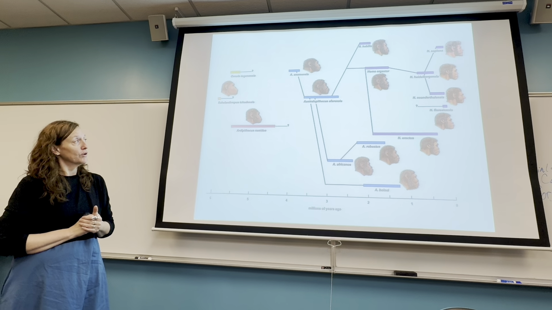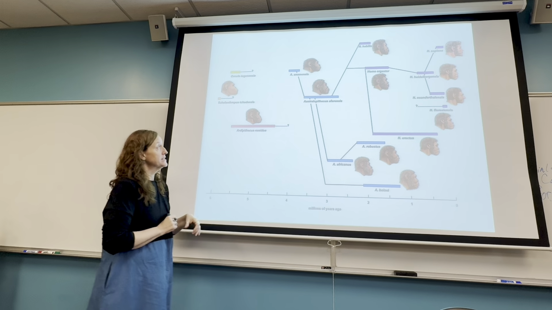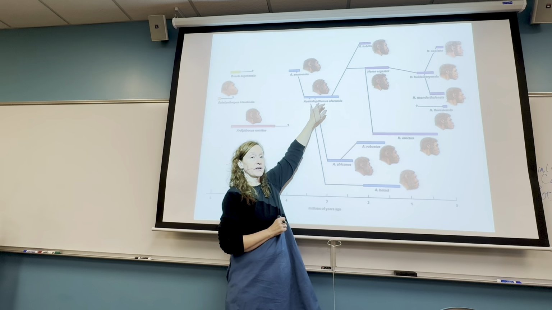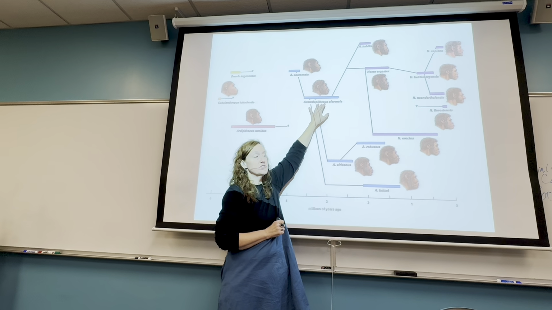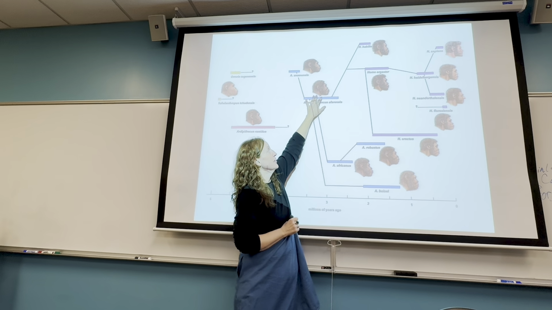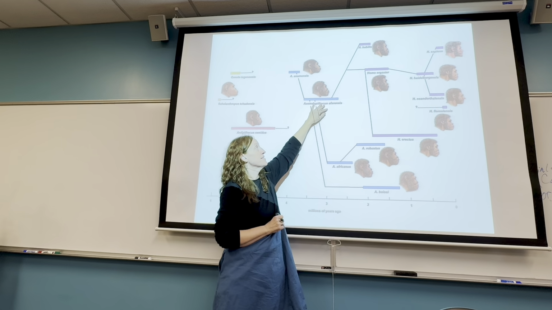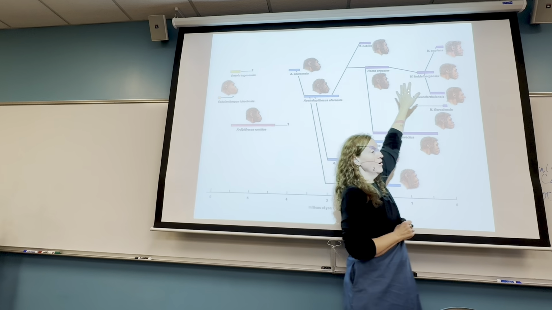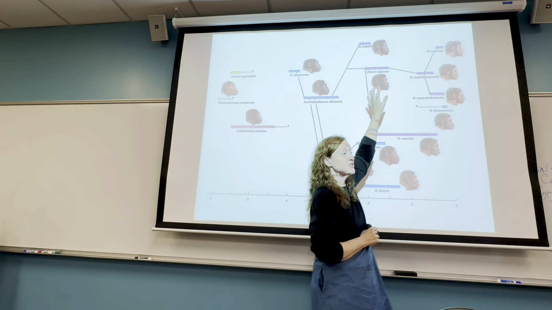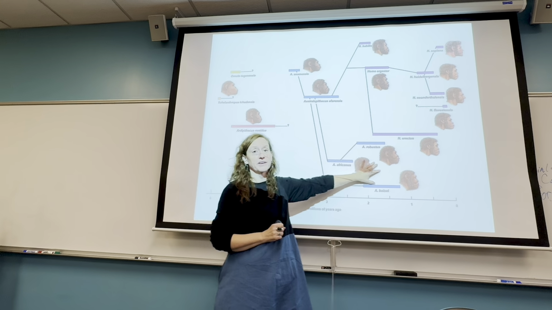So, for example, if we take a look at Australopithecus afarensis, what this is showing us is that there is a common ancestor between the whole Homo genus branch of the tree and the Australopithecus branch of the tree.